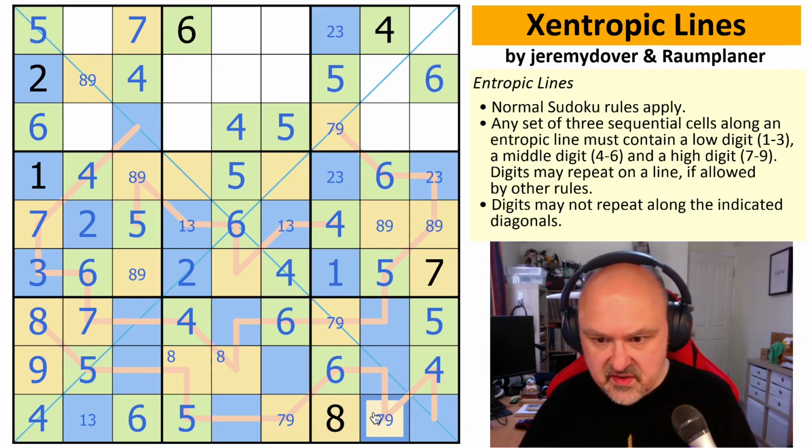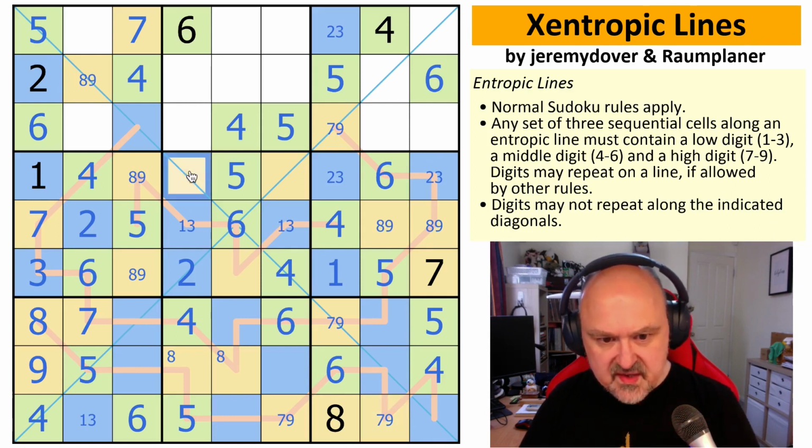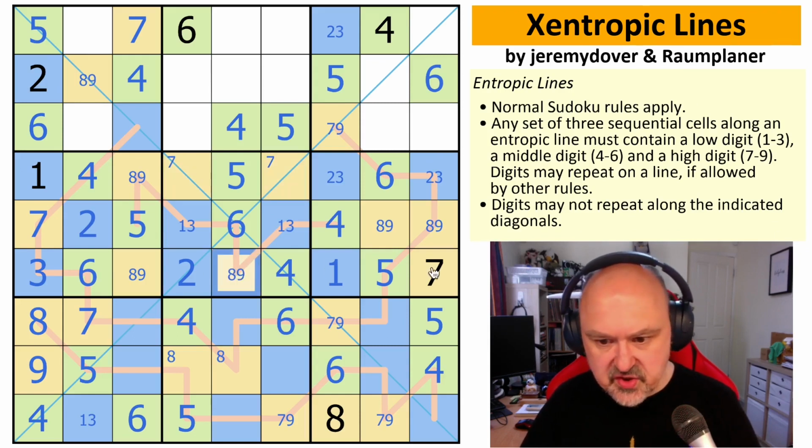This is a 7-9. Seven has to go in one of those two, so that is an 8-9, which I could have got from that 7, but I wasn't paying enough attention.